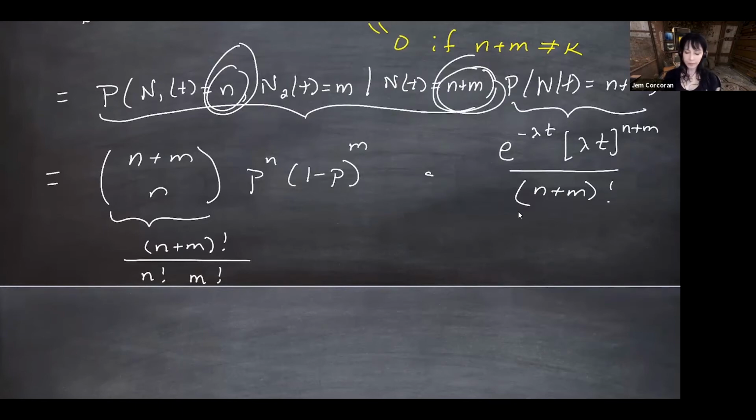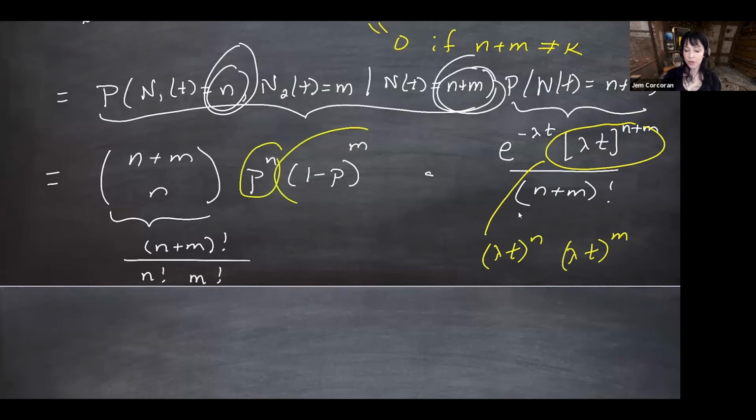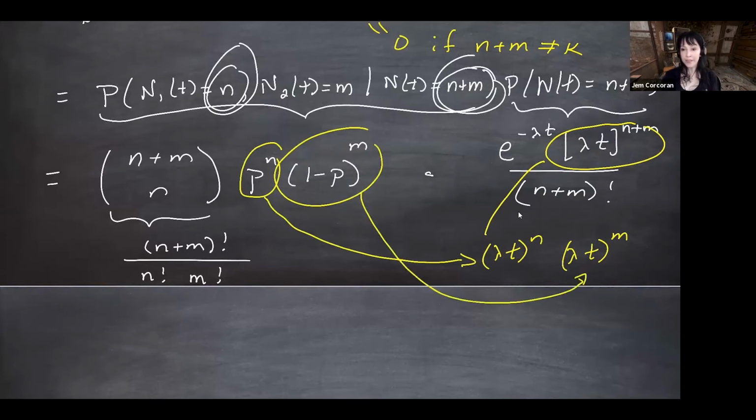For example, I'm going to break up this lambda t to the n plus m as lambda t to the n times lambda t to the m. I also have a p to the n and a 1 minus p to the m, so I'm going to put that p in here and the 1 minus p in here.